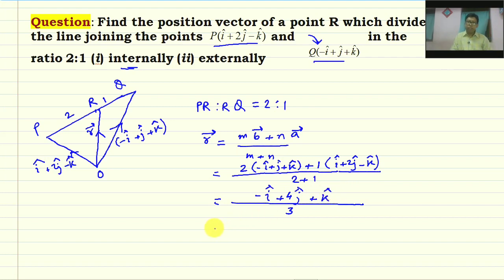This is the R vector, or you may write 1/3 î + 4/3 ĵ + 1/3 k̂. This is the internal section. In this way we can find the point R which cuts the line segment PQ in the ratio m to n. This is 2:1.